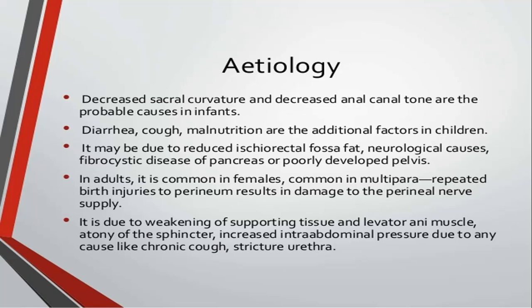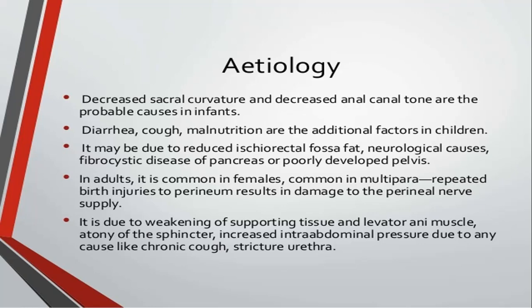These are both probable causes in infants. An infant has a decreased curvature of the sacrum. The sacrum is the area which holds the rectum, because at the rectosacral junction there is the sacral promontory, the area where the rectum is held.